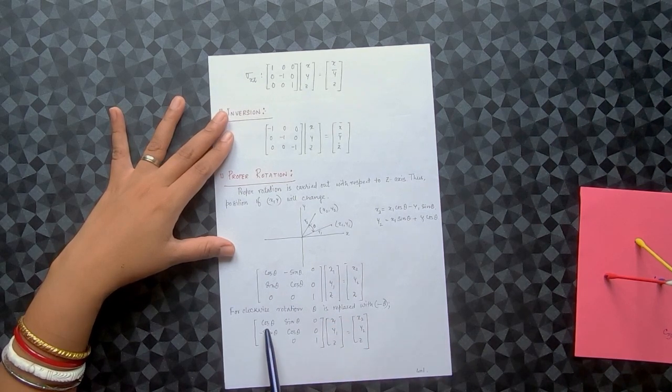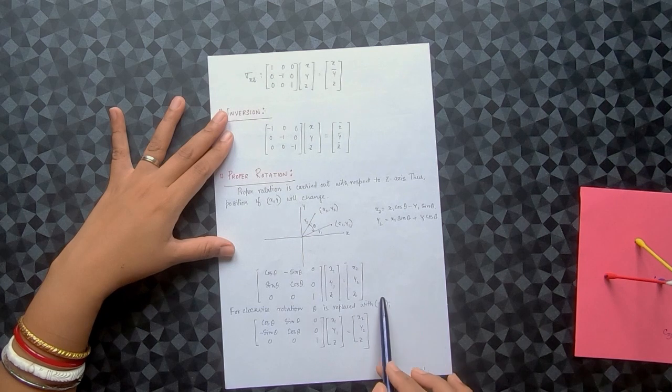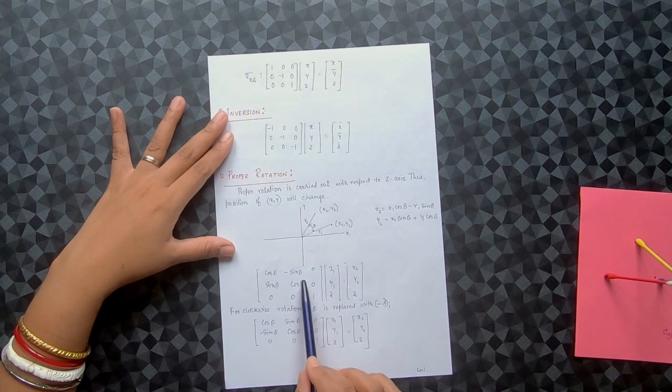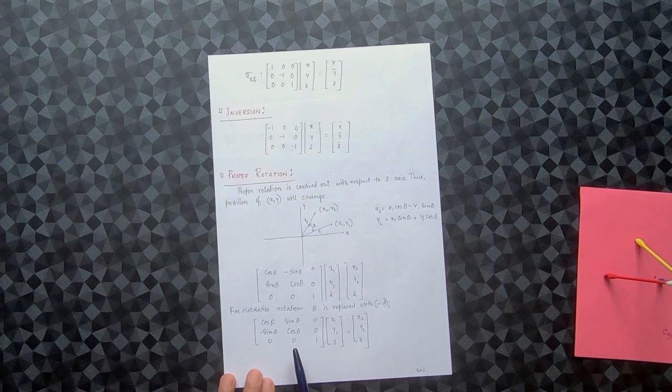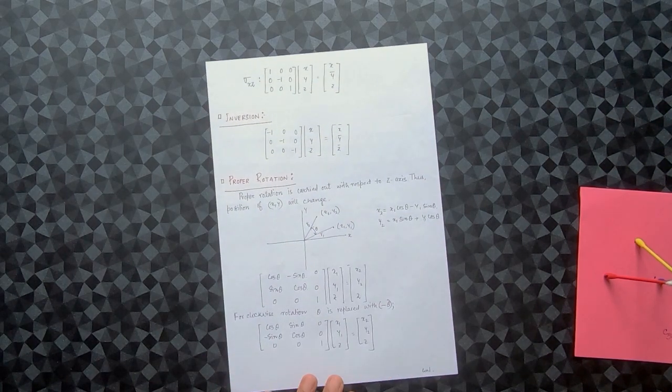If I change theta to minus theta, we know that cos of minus theta is nothing but cos theta, and sin of minus theta is minus sin theta, which changes the sign, and so on. So I have changed this, and this is the matrix representation of proper rotation.